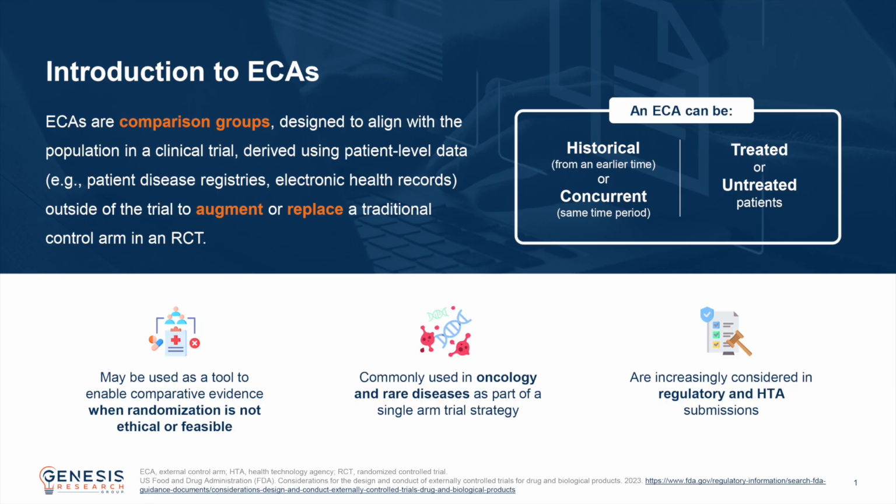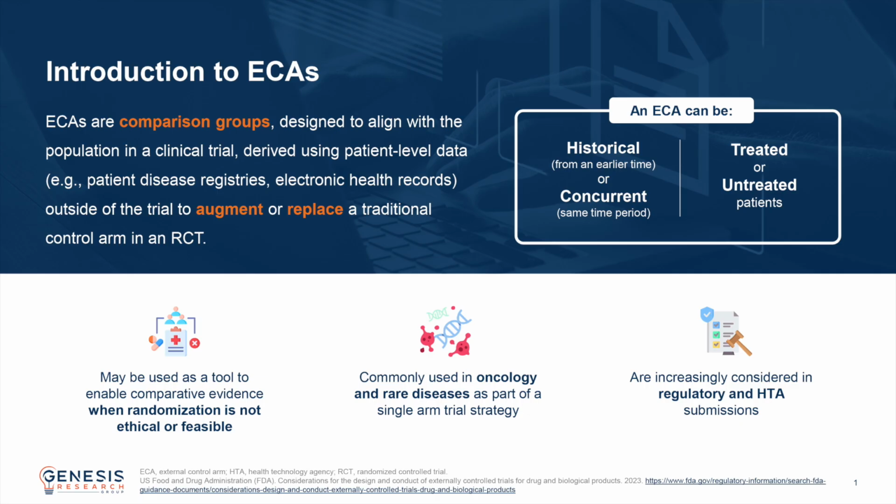To set the stage, ECAs are comparison groups designed to closely align with the trial population. ECAs are often derived using patient-level data from disease registries or electronic health records, and they are used to augment or in some cases replace a traditional control arm when randomization isn't feasible.